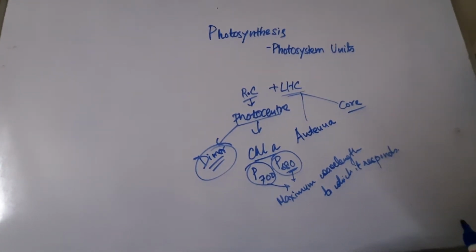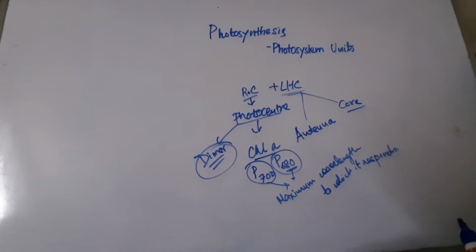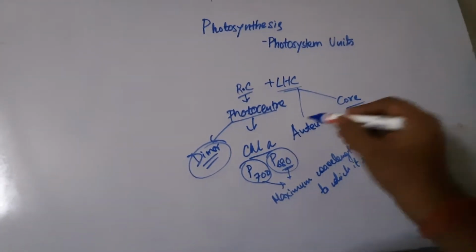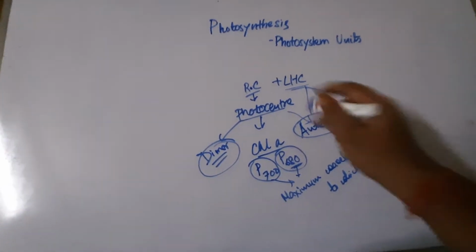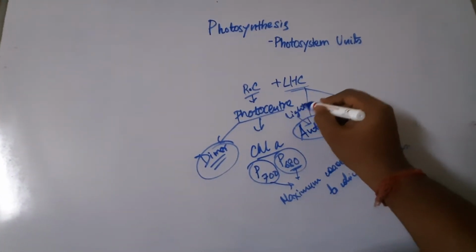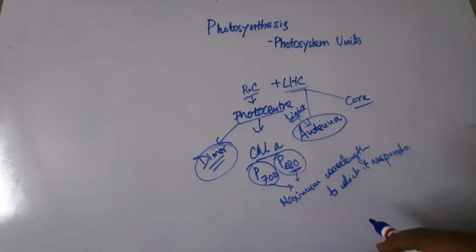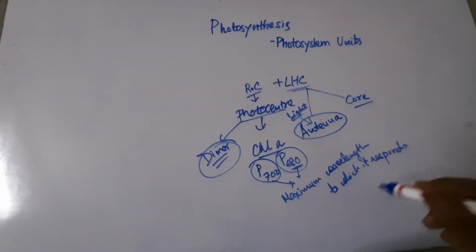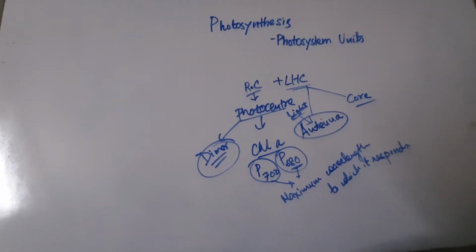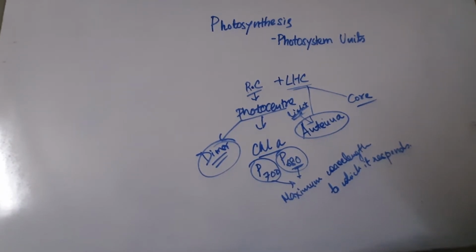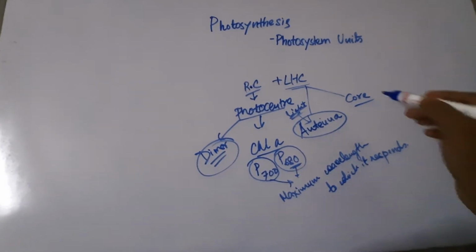Now you have to understand about the core molecule and the antenna molecule. First we come to the antenna molecule. Light falls on the antenna molecule and makes it excited. In the excited state, the electron is pushed to the outer orbital and is picked up by the core molecule.